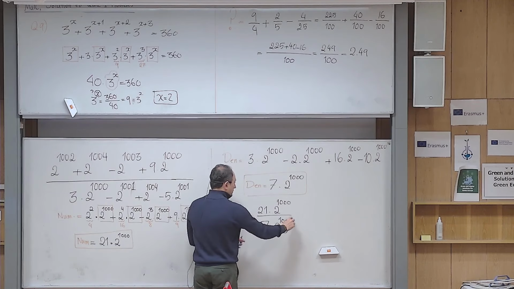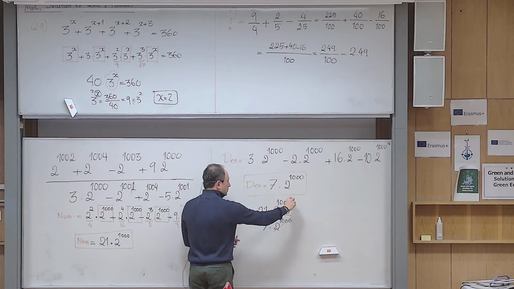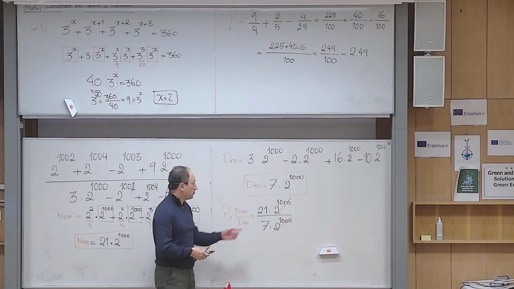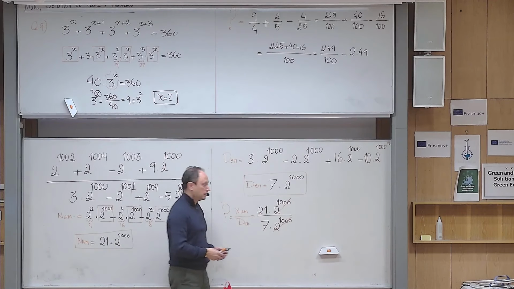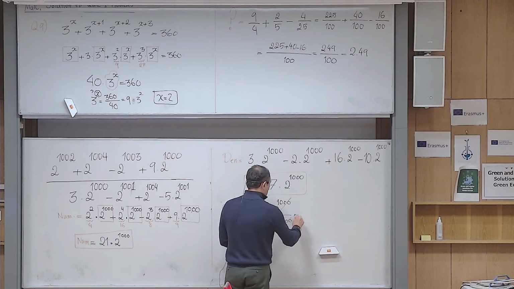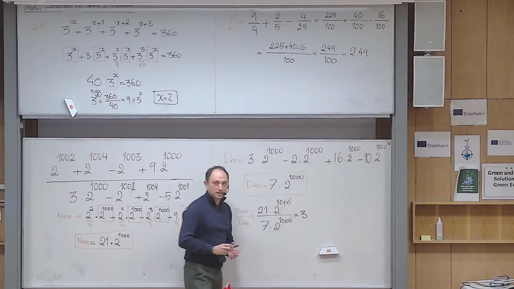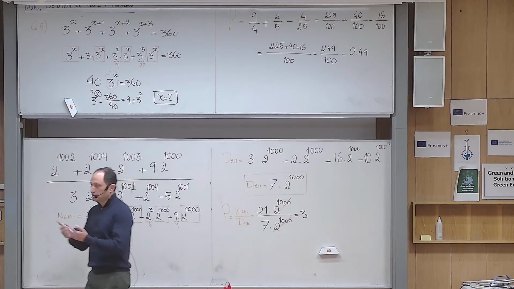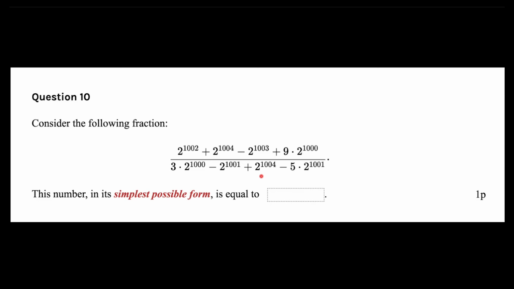But then this 2 to the power of 1000 is a huge number, but who cares, because it is gone. And I am left only with 21 over 7. 21 over 7 is an extremely simple number, and that is just 3. So what you need to do is to type 3 in this box.